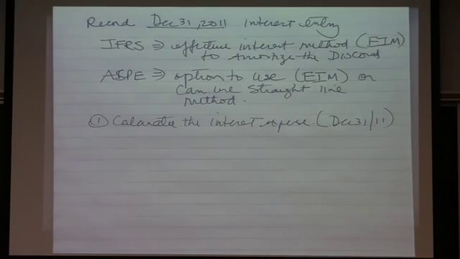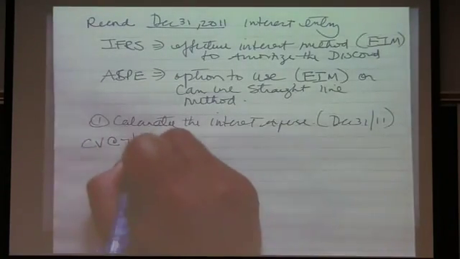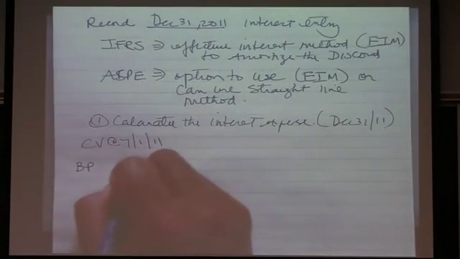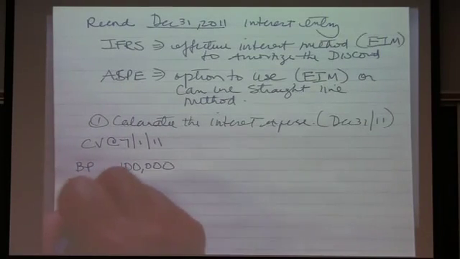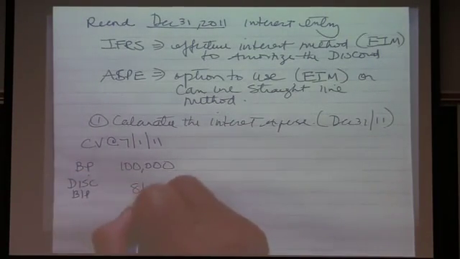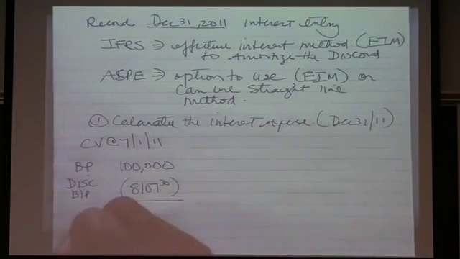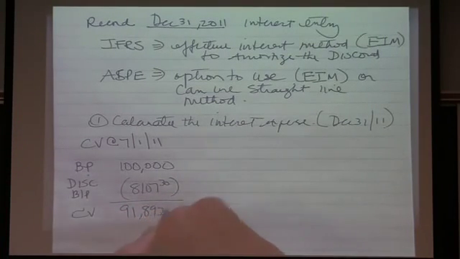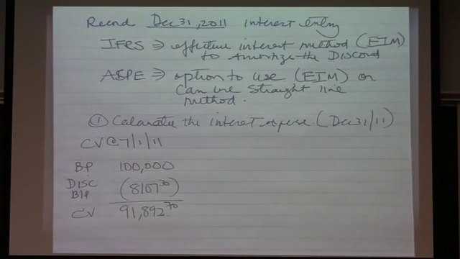So we need to calculate the liability amount from the last time interest was paid. In our case, because the bonds were issued on July 1st, then that would be the carrying value that we need to calculate. The carrying value is bonds payable of $100,000 less discounts on bonds payable, which is 8107.30. This is the carrying value the last time interest was paid. And remember, we never paid interest because this is the first interest payment. But you'll see how we're going to calculate the next interest payment in a minute.